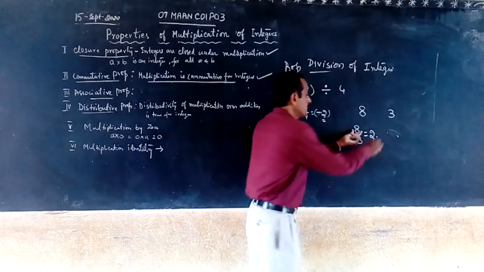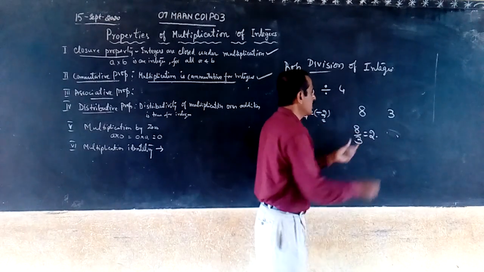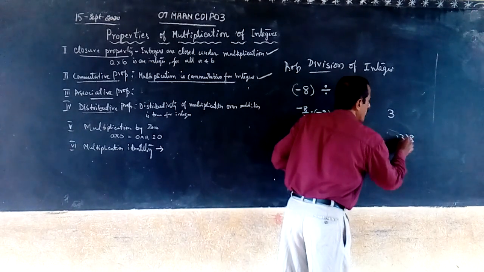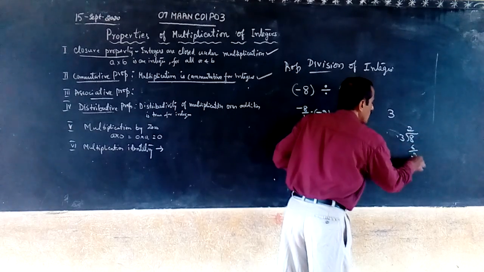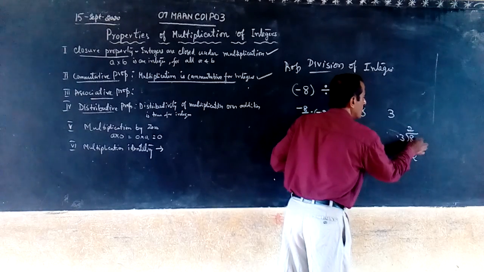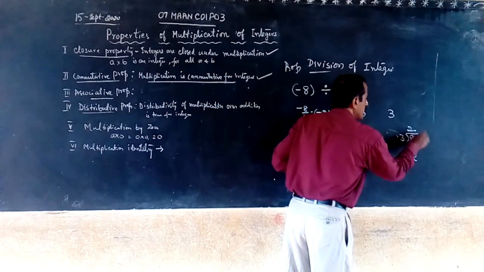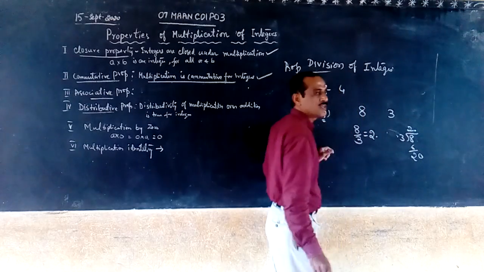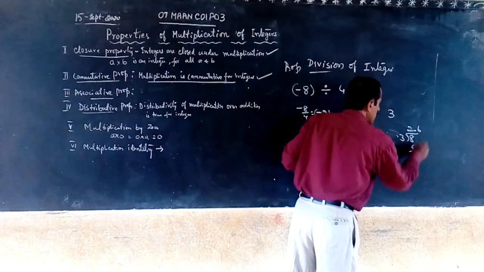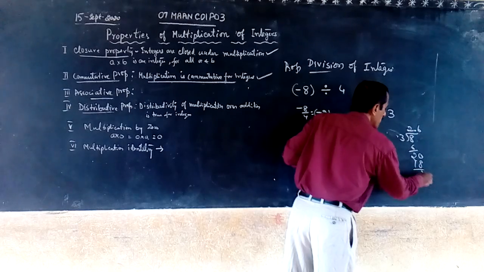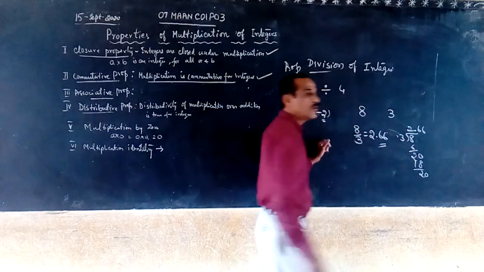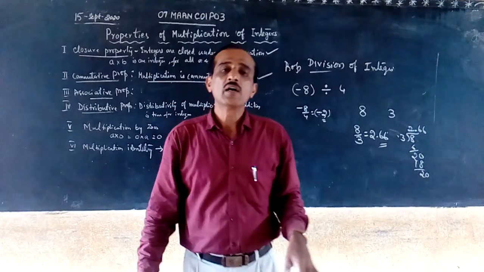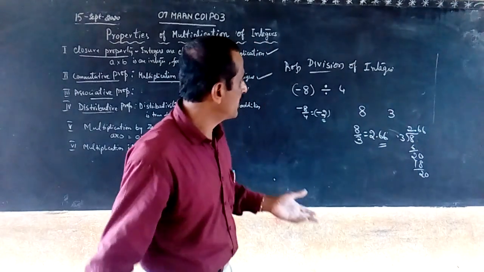Then there are no digits here, so you put a 0 and take 20. 3 6s are 18, again 2 remains, 20. The answer is 2.66. 2.66 is not an integer, isn't it?